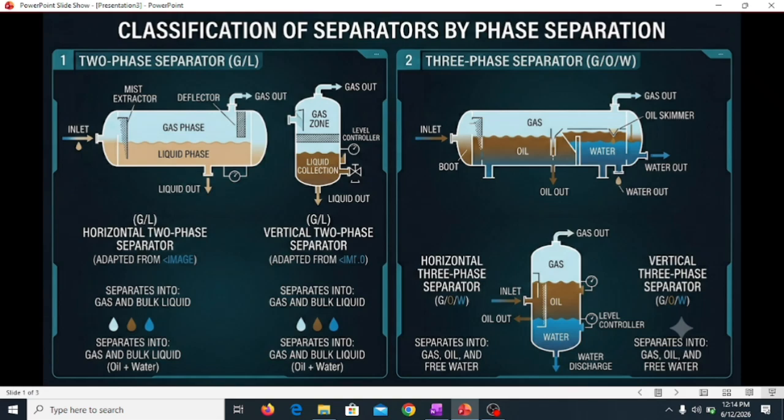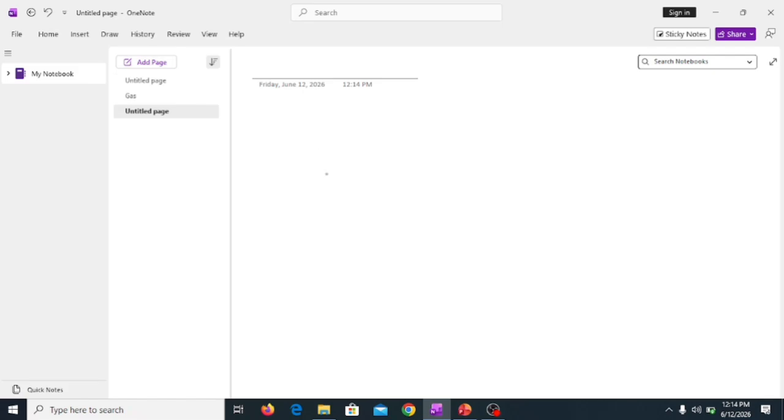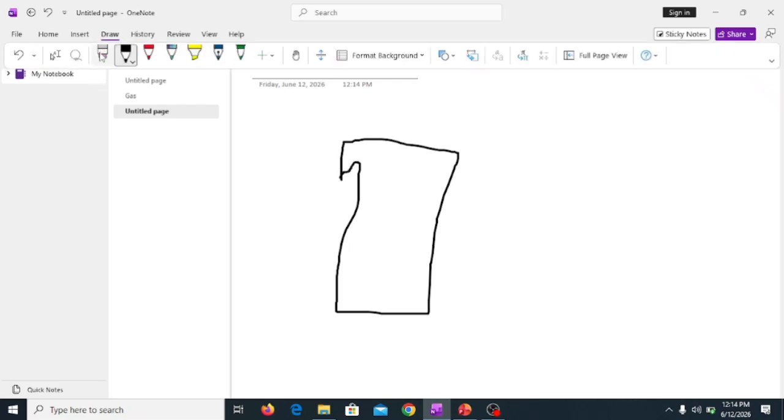If the amount of water is not that high, it is better to use a two-phase separator. So of course you have noted that. Like I said, two-phase separators are usually vertical separators. So for my drawing, let's take this as a two-phase separator.